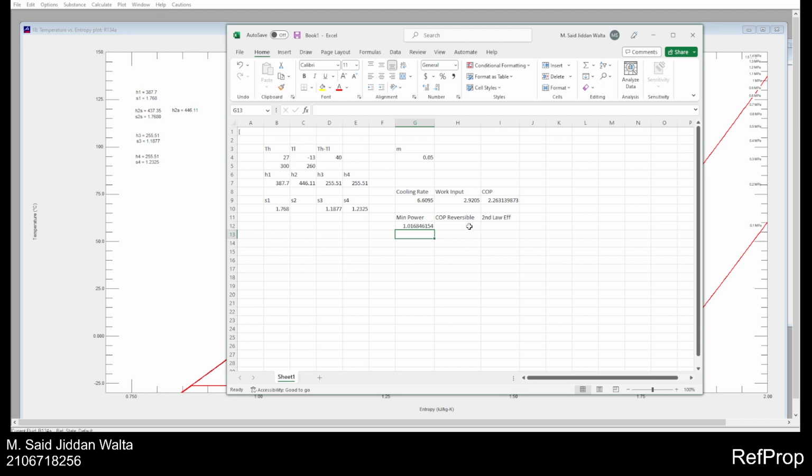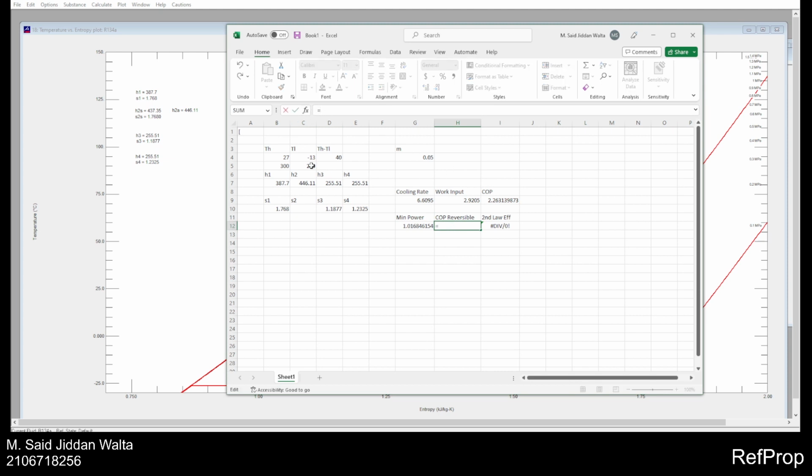For the reversible COP, it is used to find the second law efficiency. The second law efficiency we can find by using the COP of the actual cycle, which is the actual refrigeration cycle, divided by the COP if the cycle is 100% reversible or is considered a Carnot cycle. Since in this case we are considering the COP of a Carnot cycle, how do we find that?